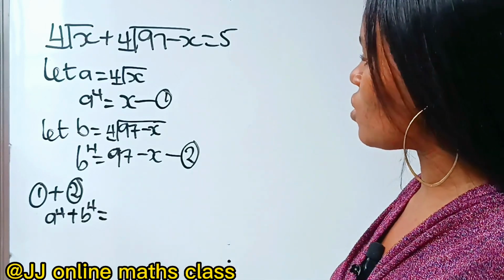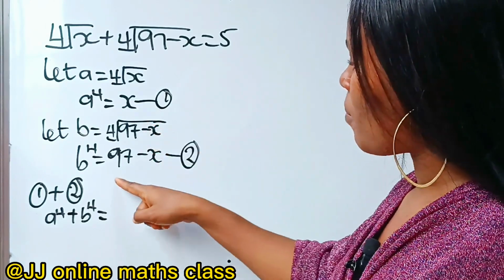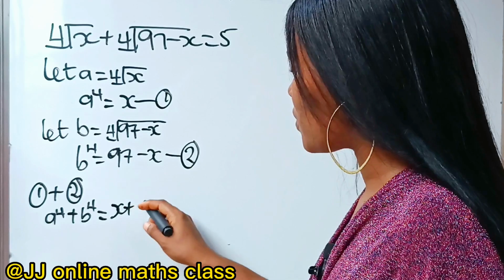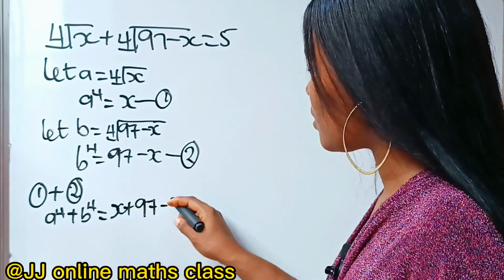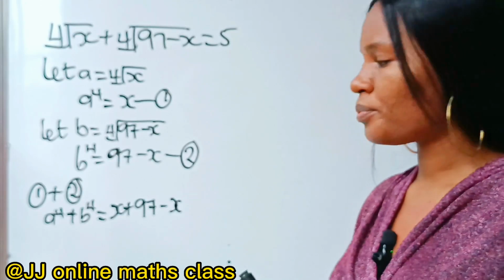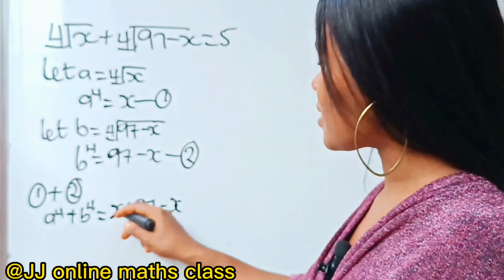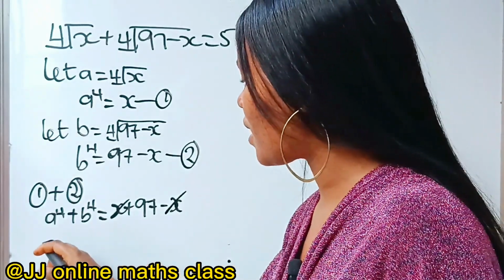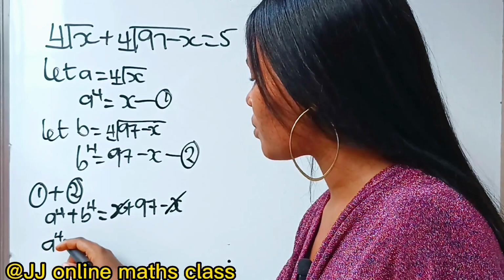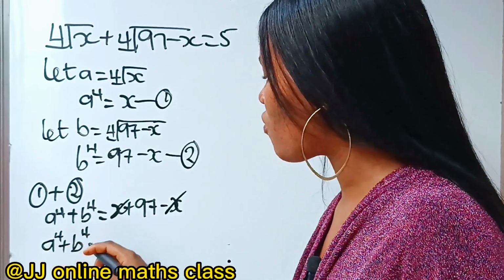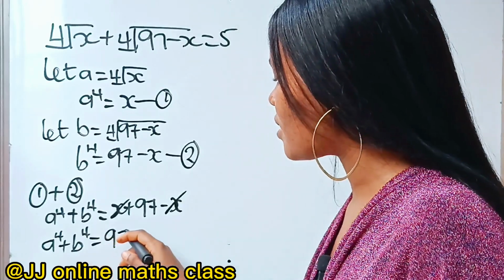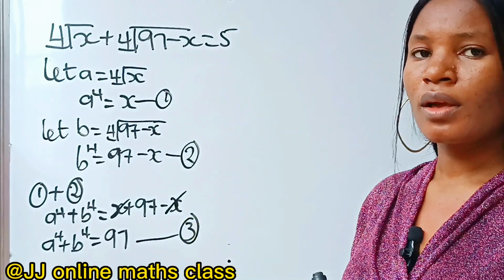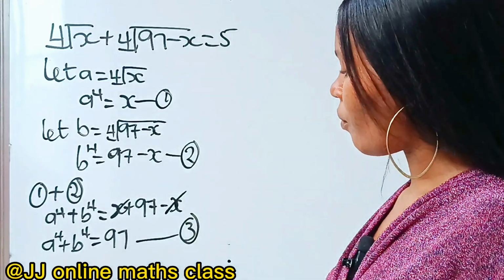It's going to be equal to x plus what? 97 minus x, right? x plus 97 minus x. All right. Now x minus x is 0. So we'll have that A to the power of 4 plus B to the power of 4 is equal to 97. Now let's call this equation 3.